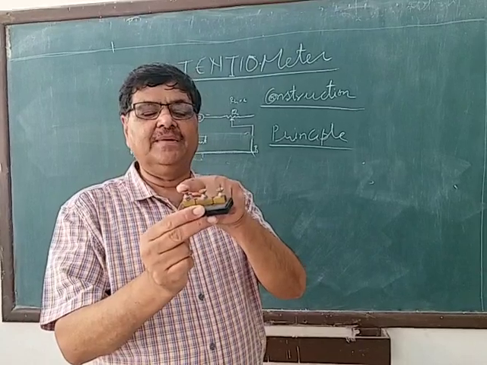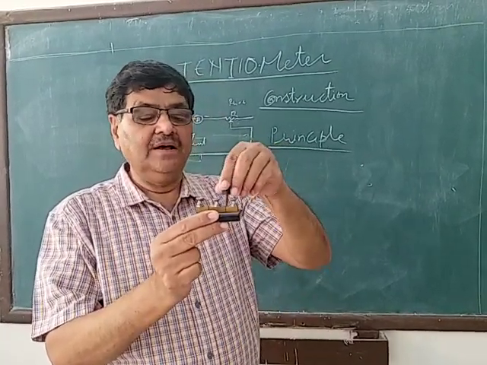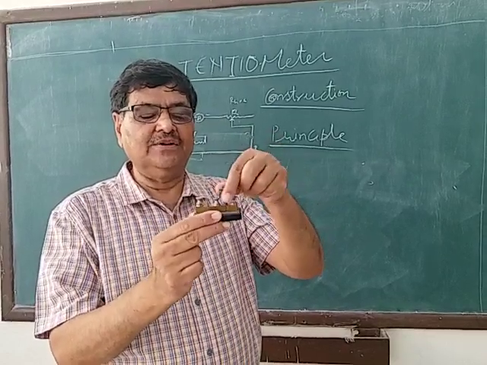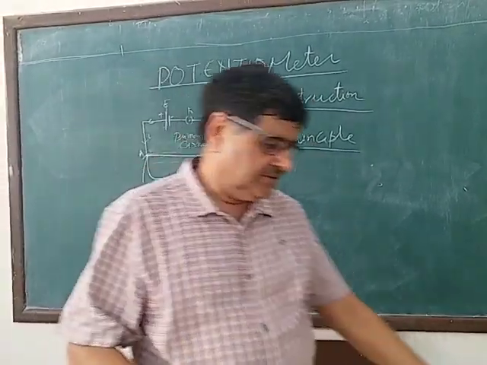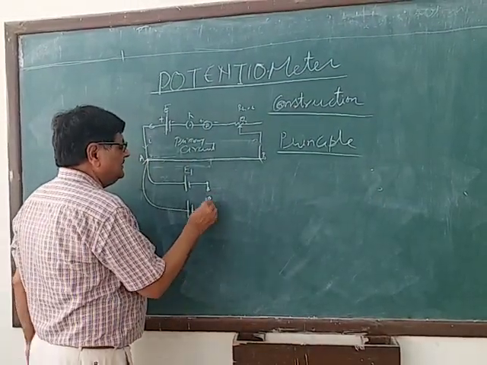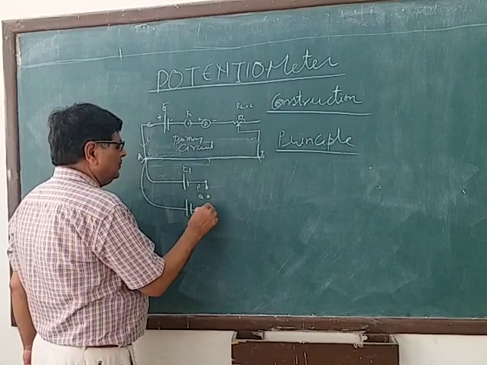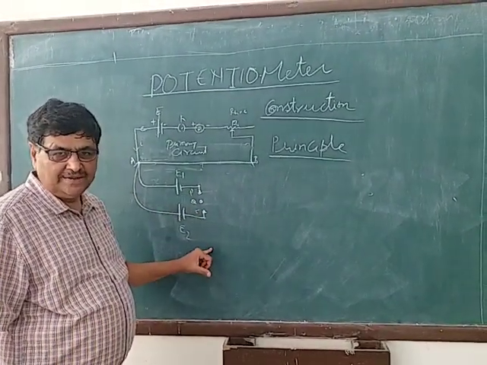It has 3 terminals, 1, 2, 3. And a key can be fixed here also, key can be fixed here also. Okay, so it is a two-way key. Now, these are the P, Q, S. These are the 3 terminals of the two-way key.